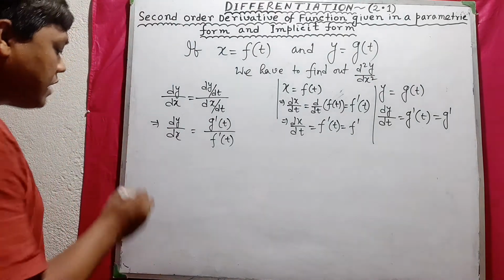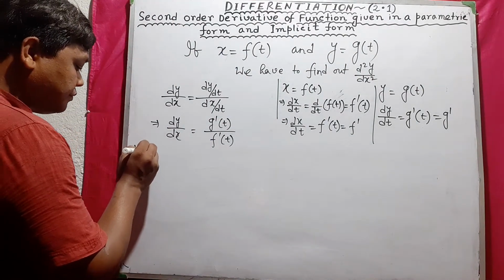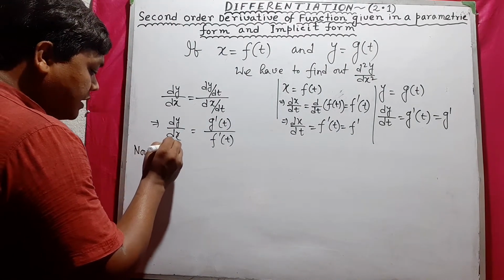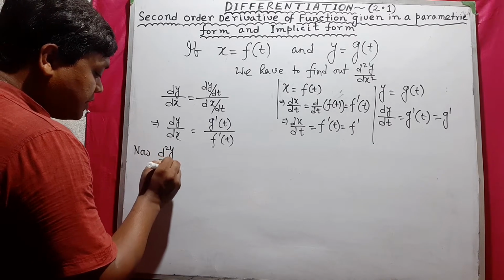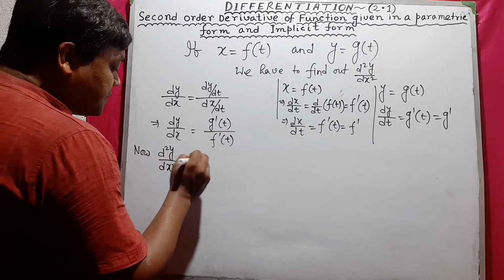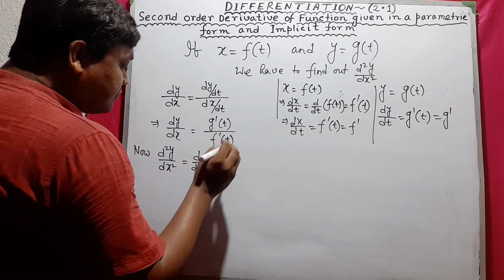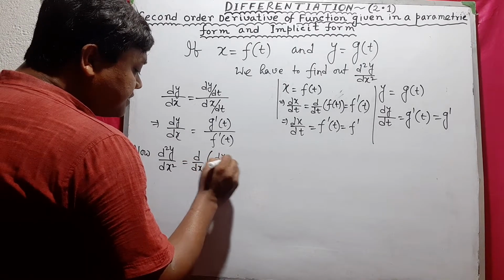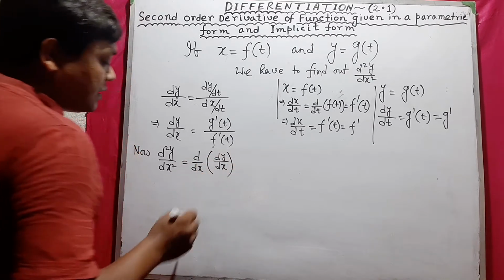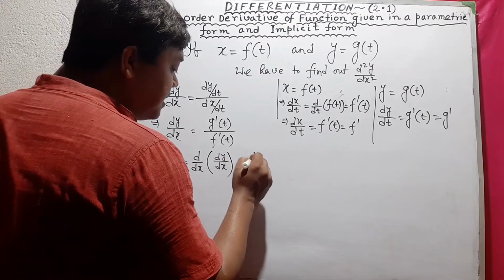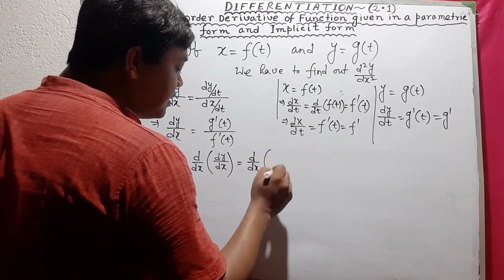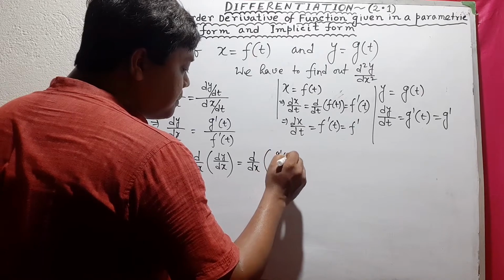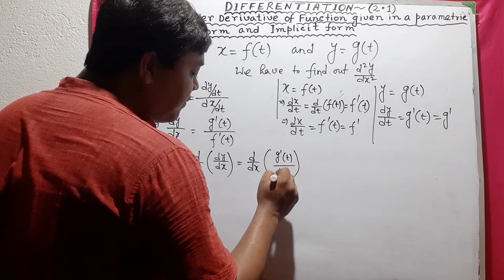Okay. So now d2y/dx2, how to calculate it? So d2y/dx2 means d/dx of dy/dx, then d/dx of g dash t by f dash t.